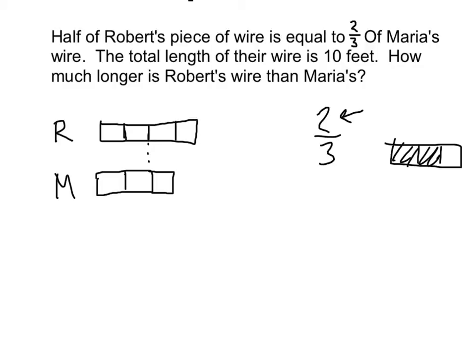We're in pretty good shape because we know that all together it's 10 feet. So if I look here, let me change my color. I have 1, 2, 3, 4, 5, 6, 7 equal parts equal to 10 feet.